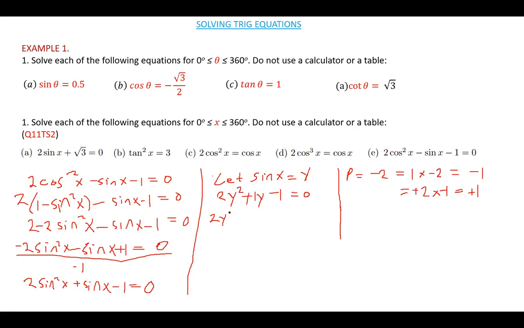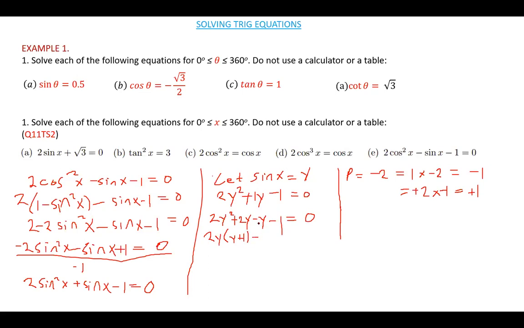This is 2y squared, and then we have positive 2y, and then -1, then -1 is equal to 0. So you just have to factorize there, which is 2y is common. Then open brackets, you have y plus 1.